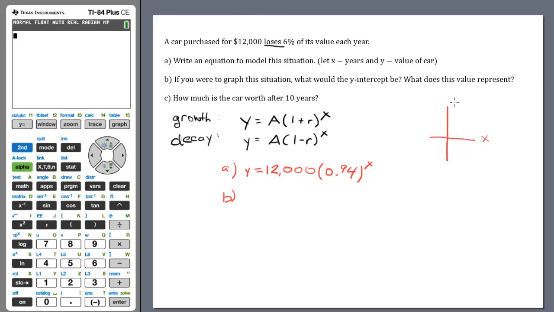So this is x and this is y. This isn't really a graph, this is just a little sketch of it. And our graph is decay, so it's going to go down. Well, it actually never touches the x-axis. It has an asymptote here, so it's going to look kind of like that. But it crosses the y-axis here.